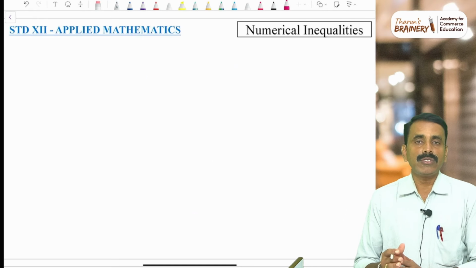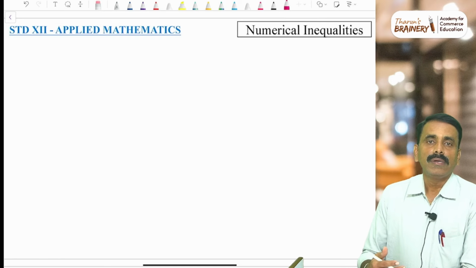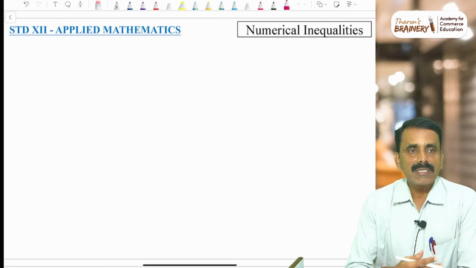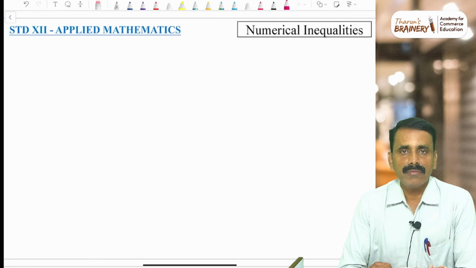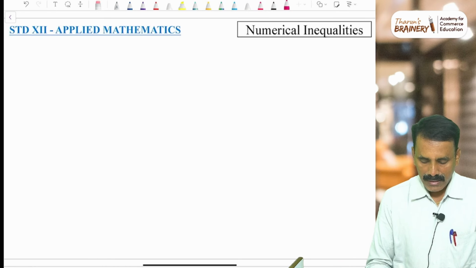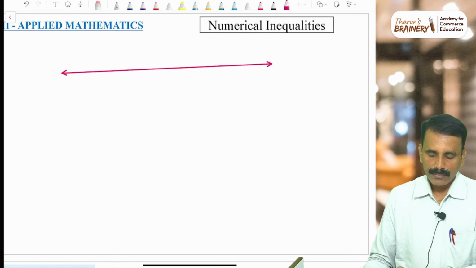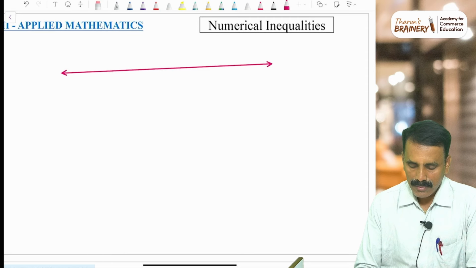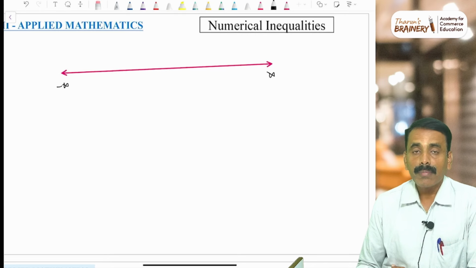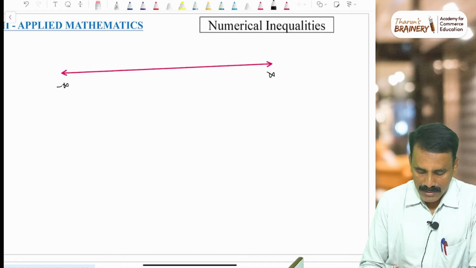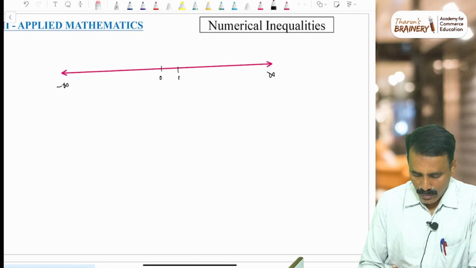So before finding the solutions of inequalities, let us discuss the interval notation. We must know about the interval notation. This is the real number line, and we know that it will be marked from minus infinity to plus infinity, and numbers are marked 0, 1, 2, 3, 4, 5 and so on.